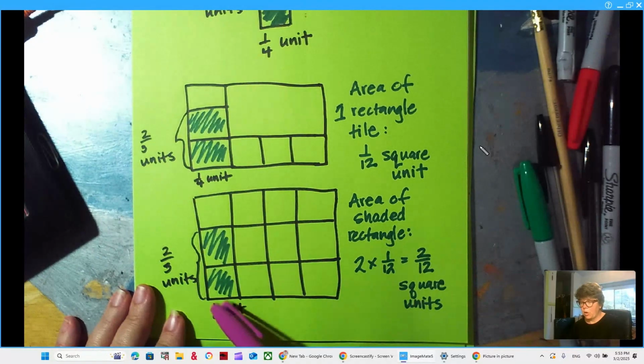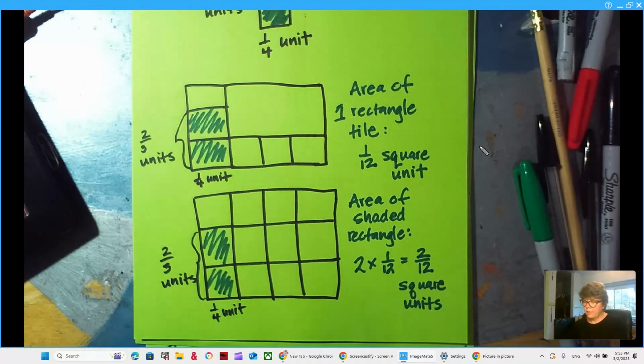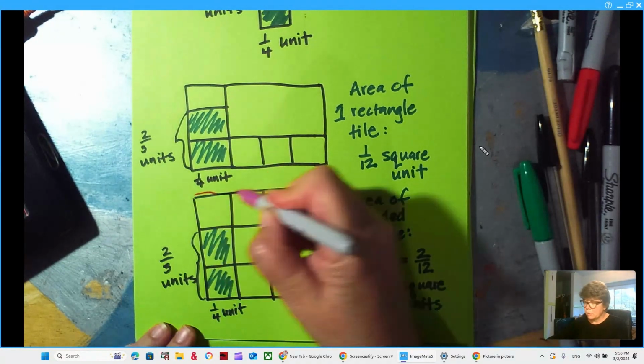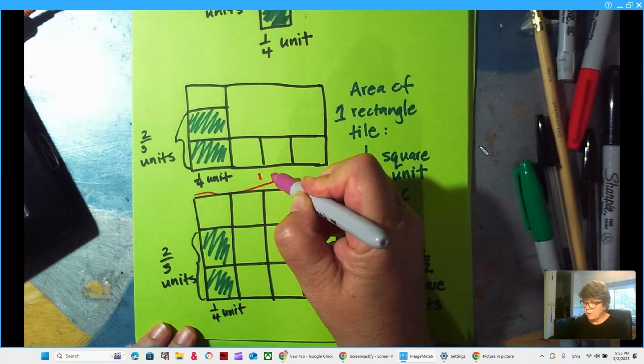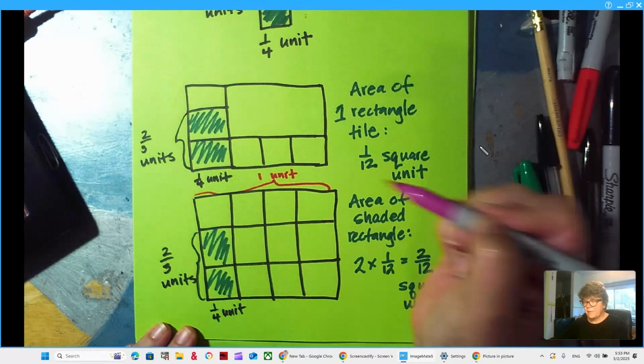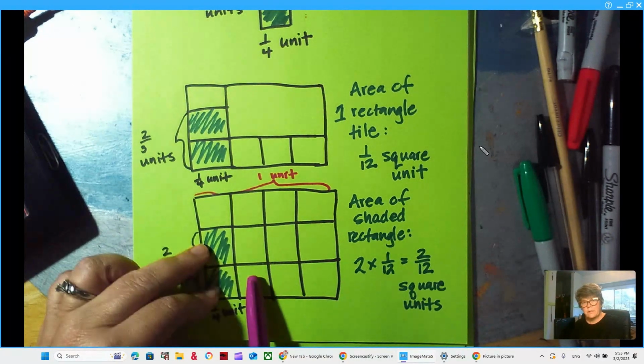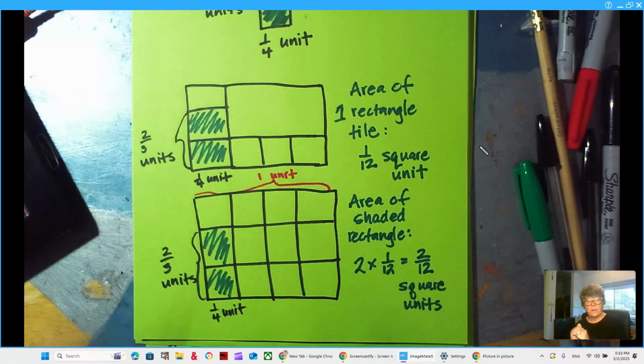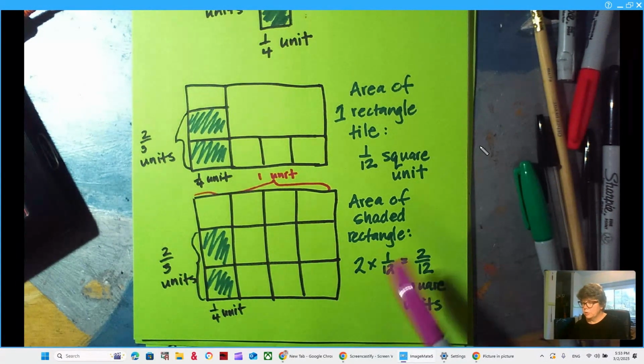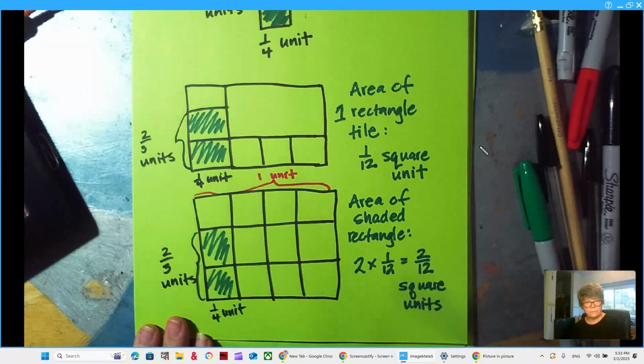So now I have whole 1, right? So this is 1 unit, and this is 2/3 of it and 1/4 of it. Okay, so the area of these 2 would be 2 times 1/12. Why are we multiplying by 2?